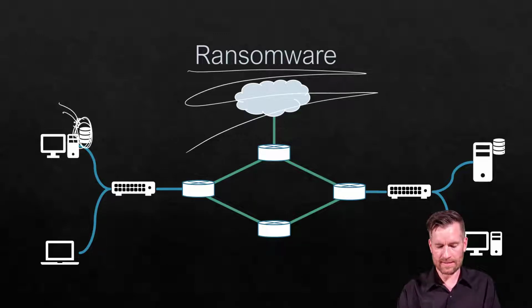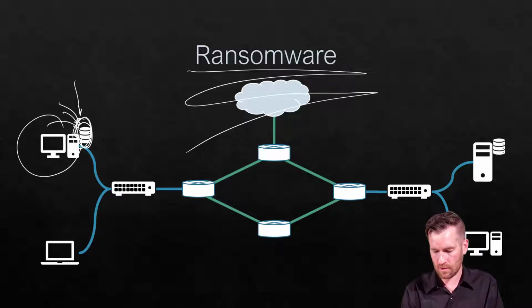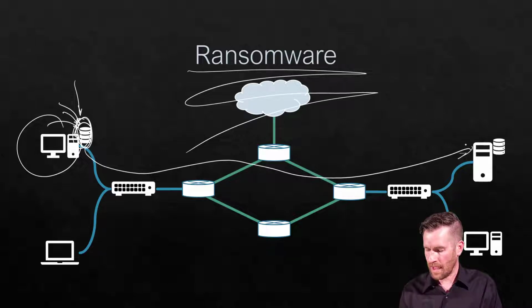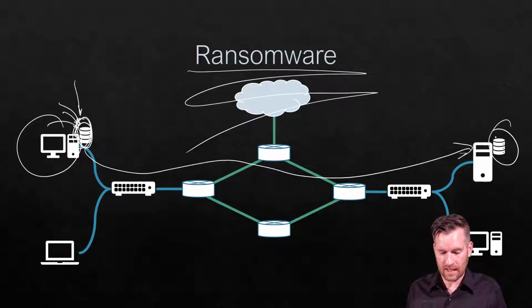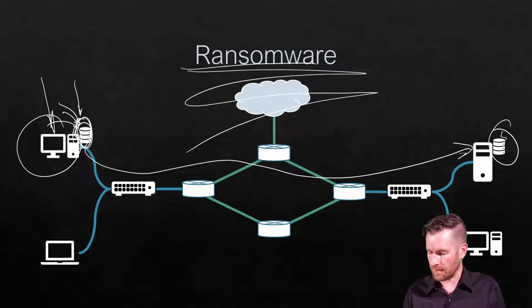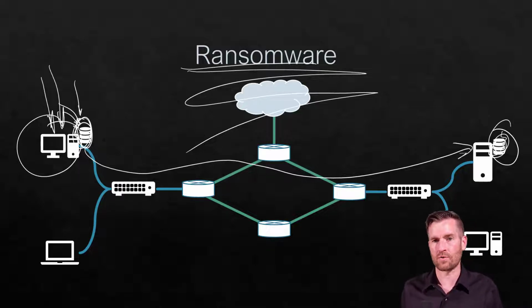The problem with this is it's not just your machine that is at risk. Let's say this machine right here is remoted in and connected into a file server over here and has write access to those files, and this computer gets infected with ransomware. It could encrypt this data as well, causing all sorts of problems not just to this one user, but to other users as well.